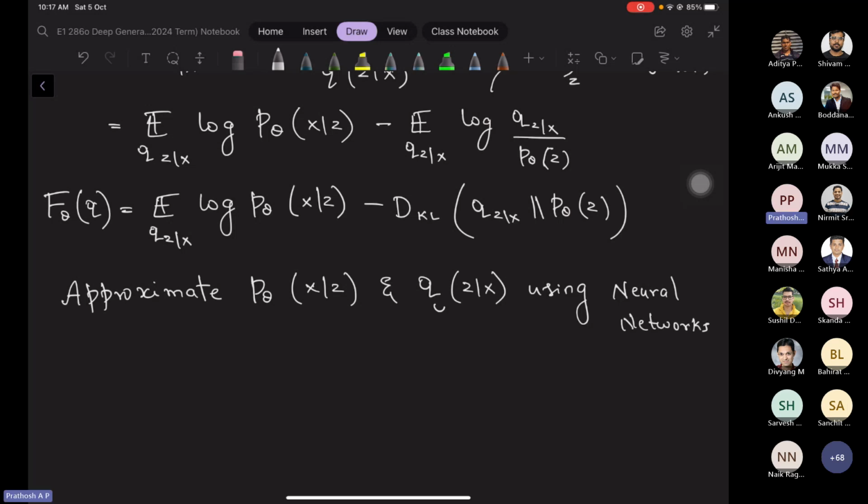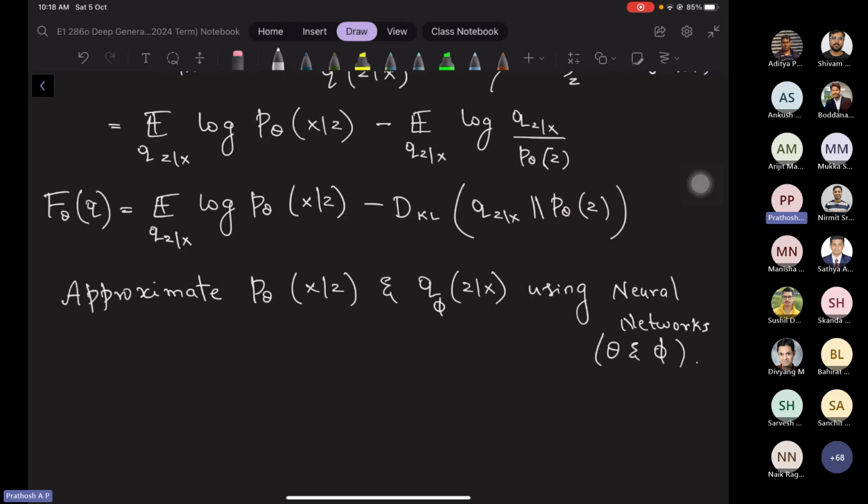Let's call the second one q phi, because there are two neural networks, with parameters theta and phi. Look at this ELBO: there are two distributions we are talking about here, q of z given x, which is the unknown posterior, and p theta of x given z. We represent both of them using neural networks.